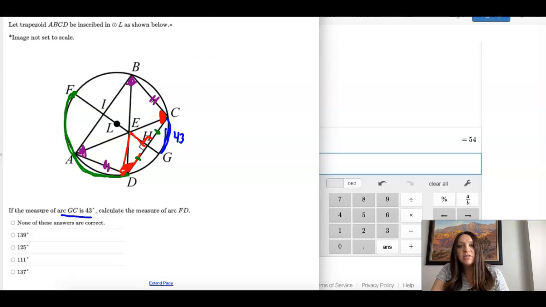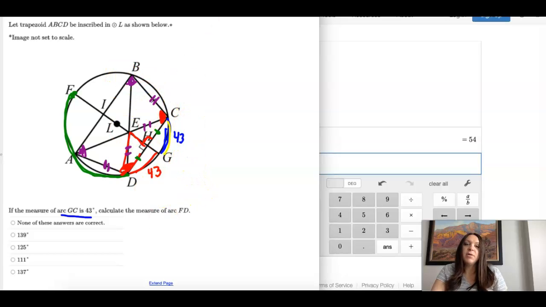These side lengths are the same, these side lengths are the same. So if this arc length is 43, this arc length would be 43 as well. So we just have a lot of symmetry going on because of that trapezoid.